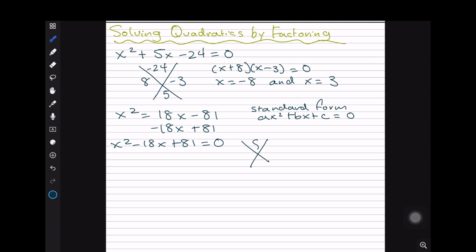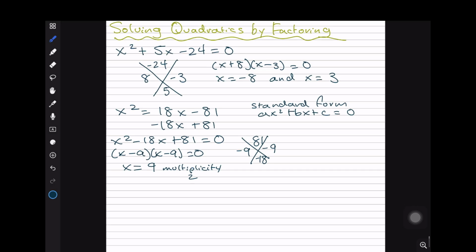So you're going to end up with x squared minus 18x plus 81 equals 0. And now you can do the big X and try to figure out two numbers that multiply to 81 but add to negative 18. That's going to be negative 9 times negative 9. So x equals 9 with multiplicity 2, just because it appears twice, the multiplicity is 2.